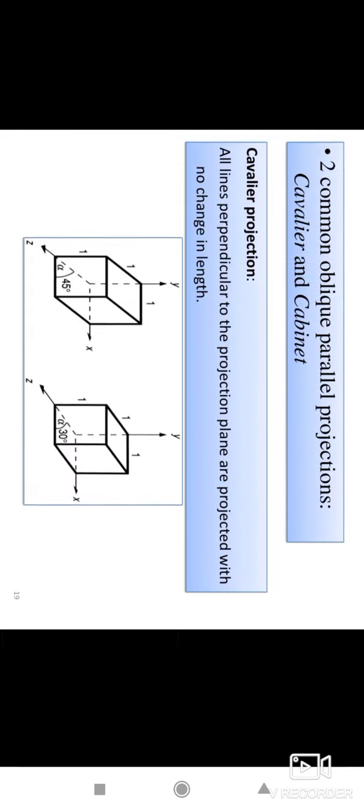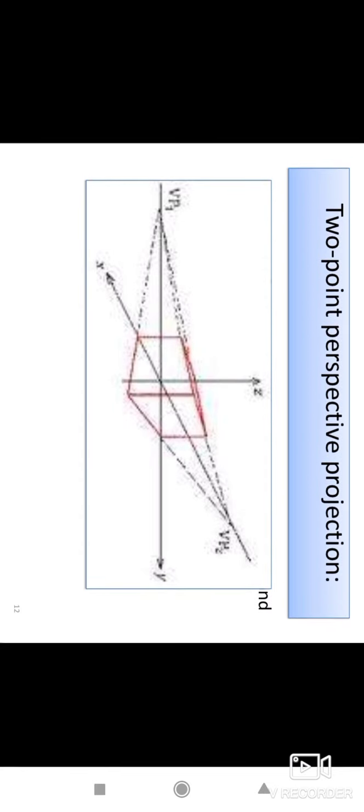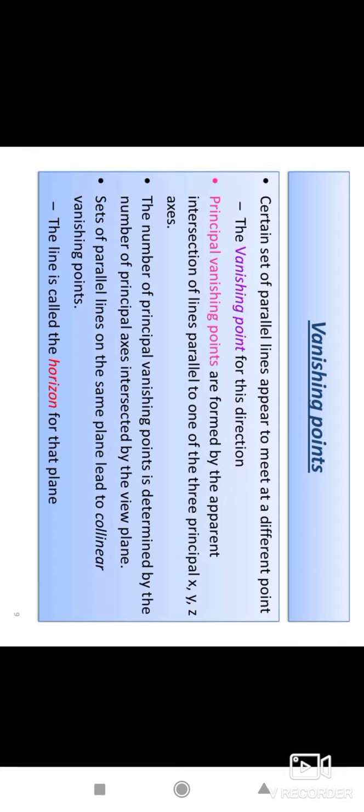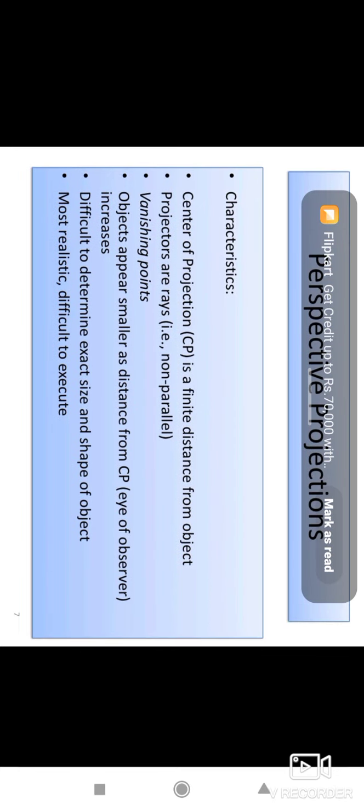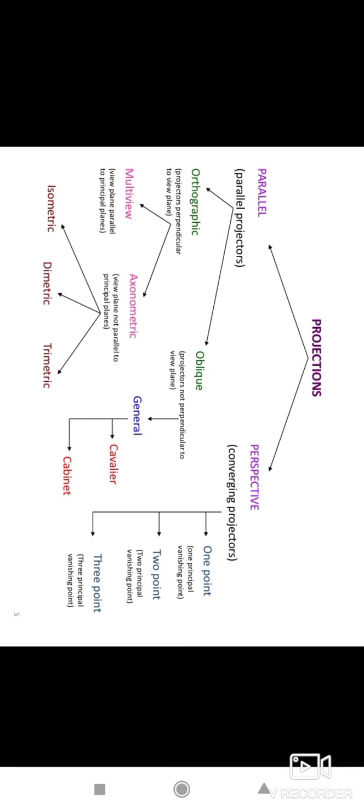So these are the different types of projections. The main classification is parallel projection and perspective projection. The parallel projections are mainly classified into orthographic and oblique. Here we have multi-view and axonometric views. Axonometric views are isometric, dimetric and trimetric.